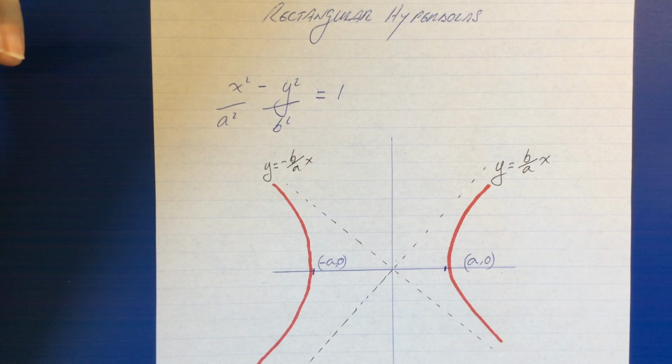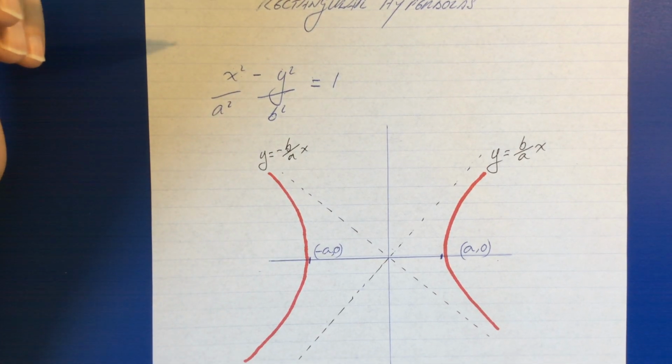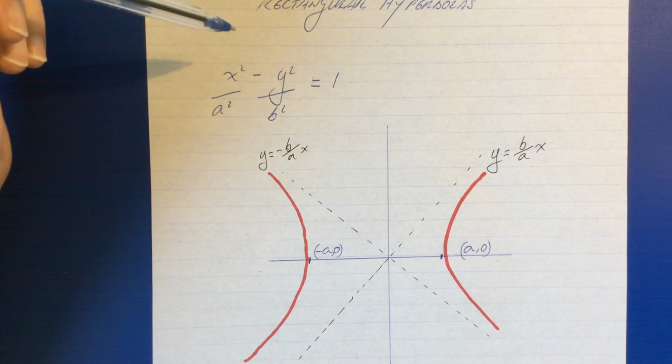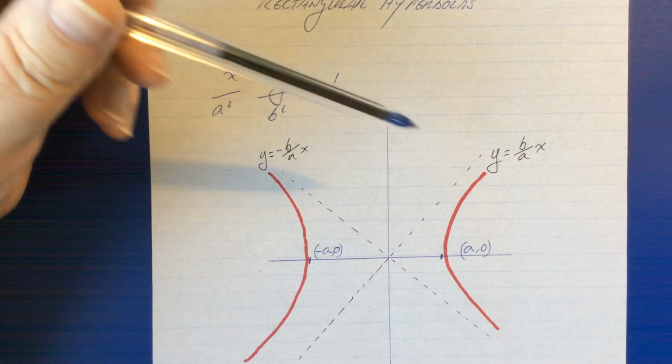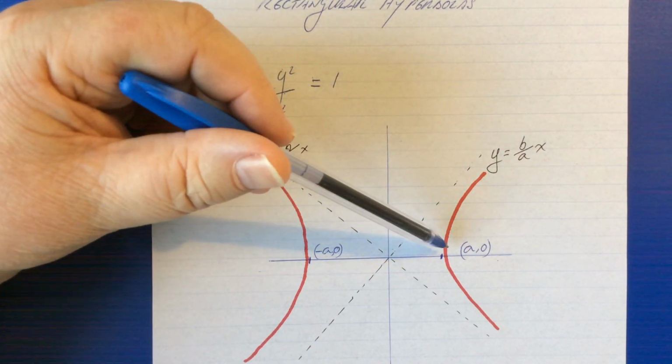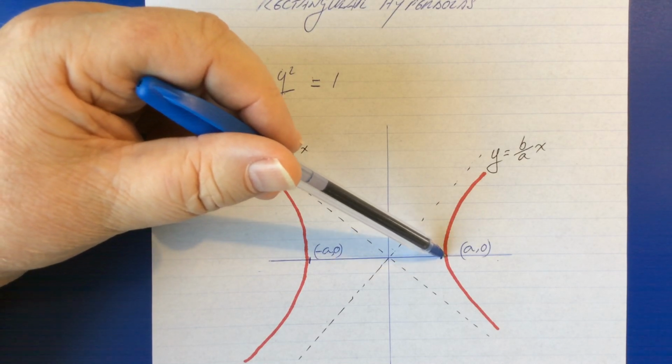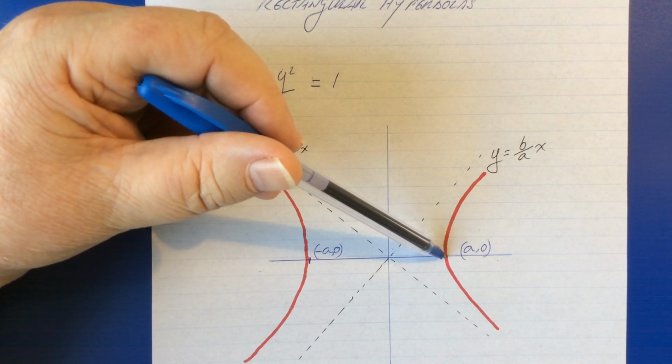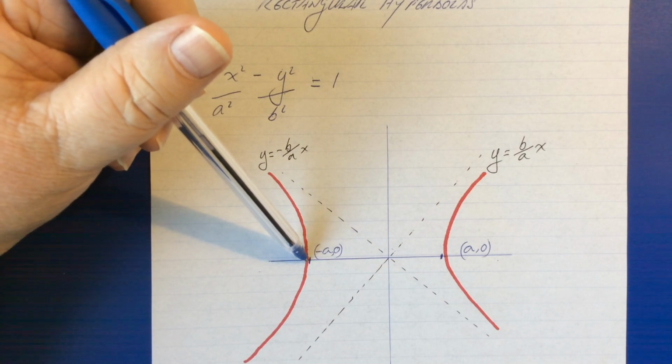Okay. Now, the basic shape of the graph itself is, as you see here, as best I've been able to draw it. I've highlighted it in red so that it stands out. And it has two intercepts, or the constituent parts of the graph have two intercepts, one on the positive side of the x-axis and one on the negative side.